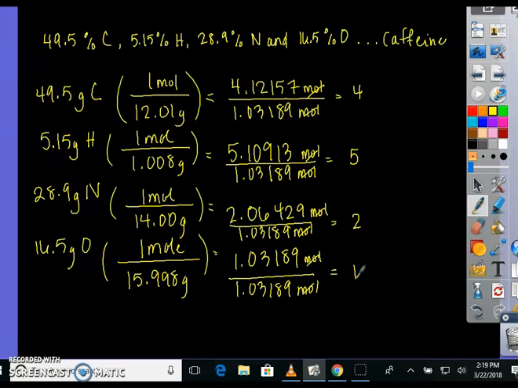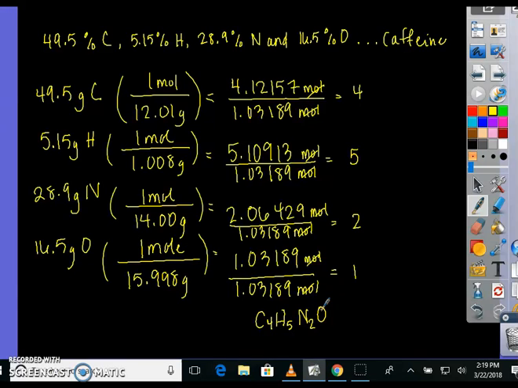So the formula for this compound is C4H5N2O1. Okay?